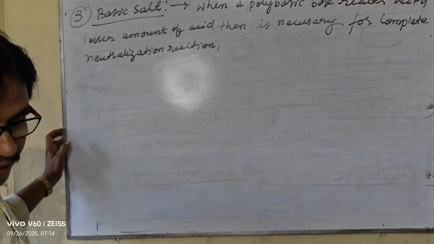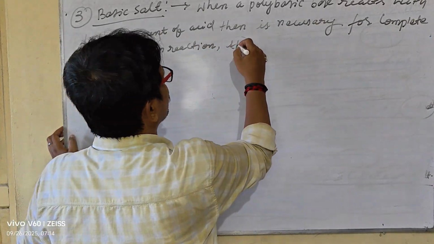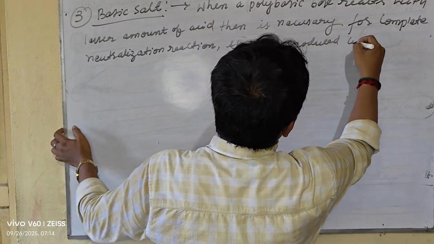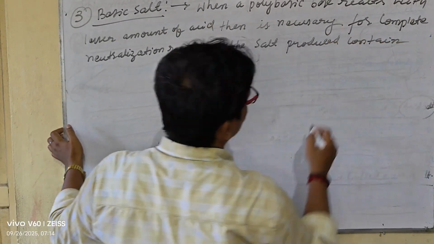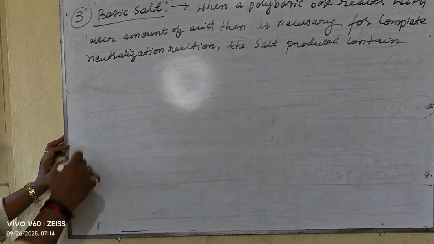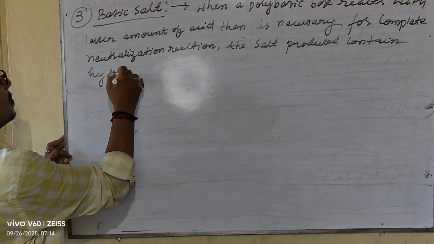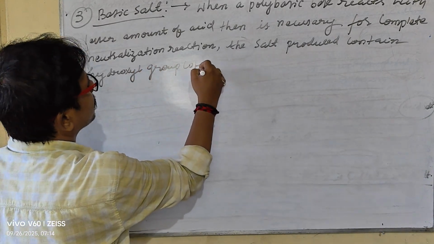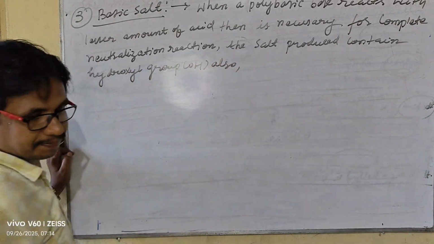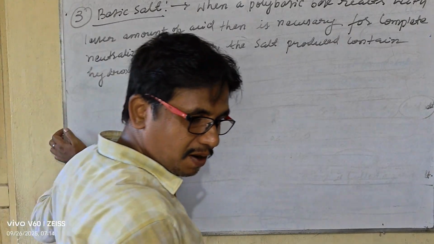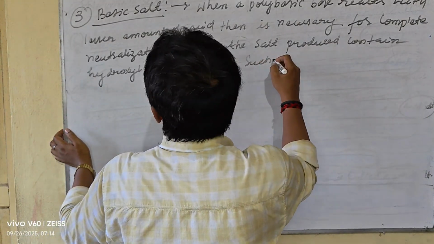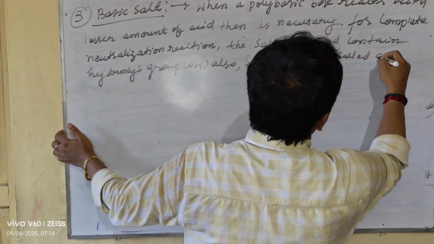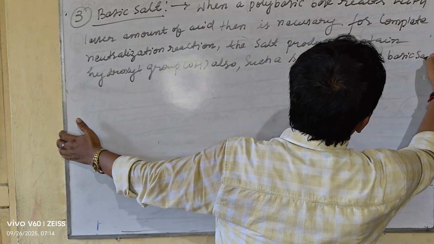the salt produced contains a hydroxyl group, an OH group, also. Such a salt is called a basic salt.